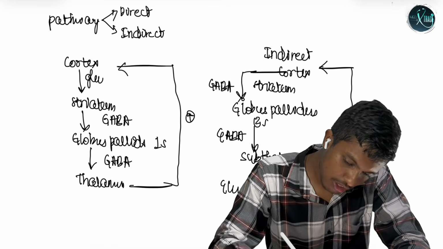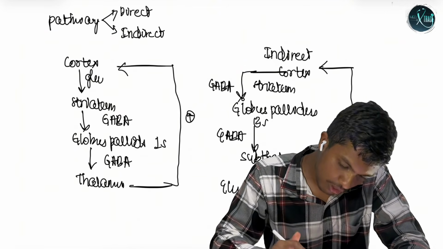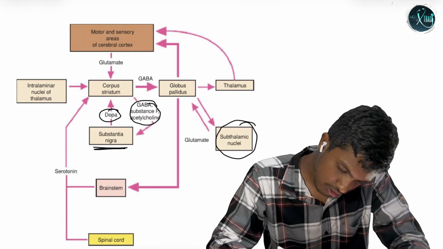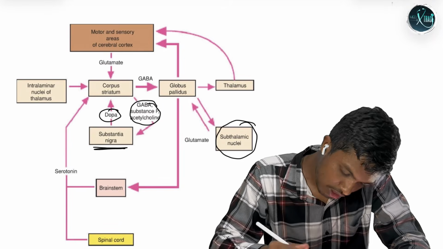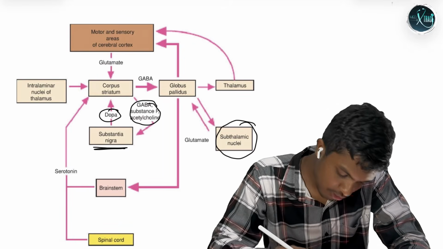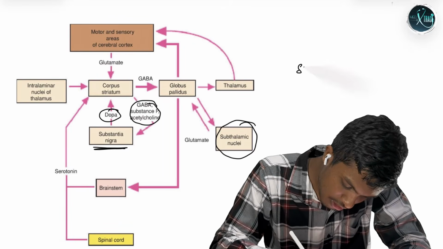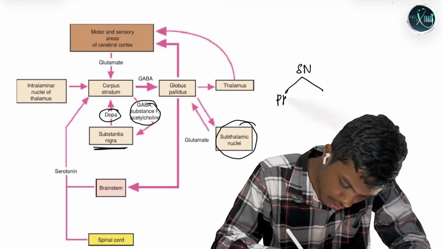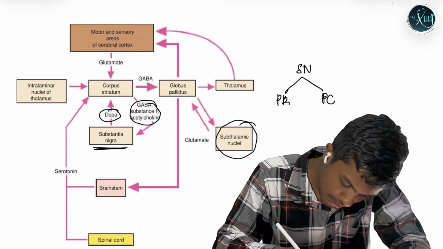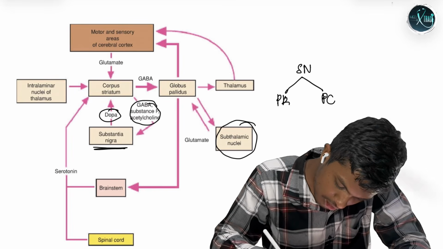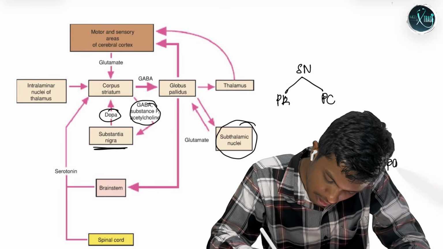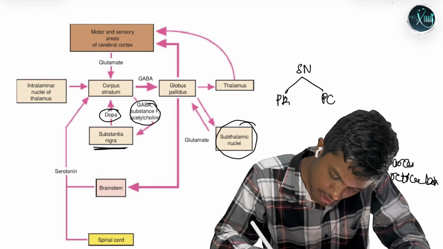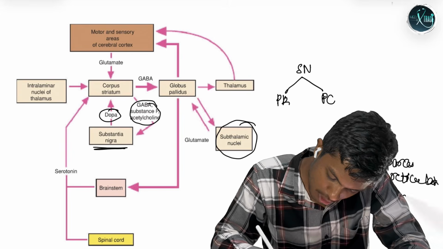Then other important connections include those with the substantia nigra. The substantia nigra has two components, pars reticulata and pars compacta. PR stands for pars reticulata and PC stands for pars compacta.